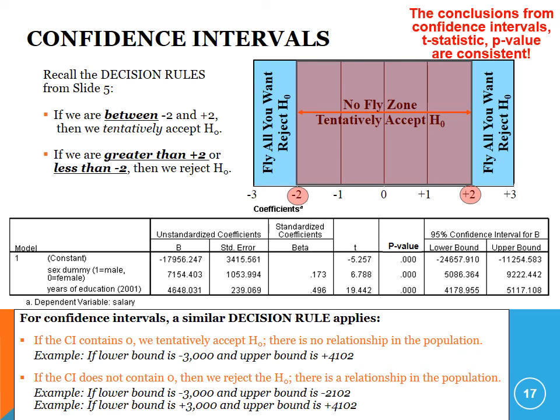Okay, so we're not going to reject based on our t and then accept based on our p-value and then reject again based on our confidence interval. No, we're going to reject for all three. They should all say the same thing, or we're going to tentatively accept for all three, because they should all tell us the exact same thing.